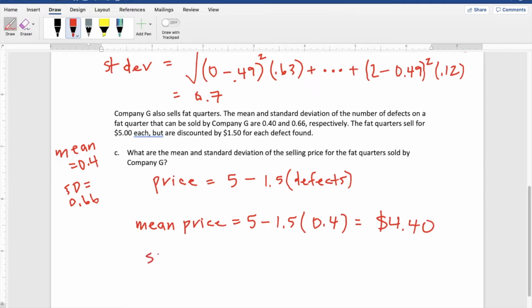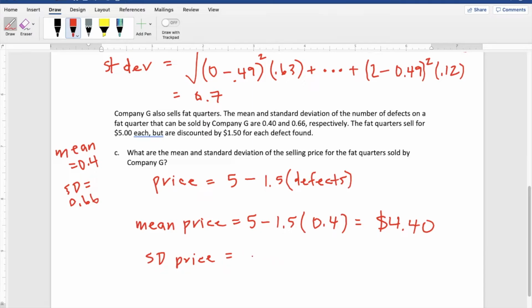And then for standard deviation of the price, this is where we have to remember that standard deviation is not affected by shifting. So the 5 part right here would not be affected by it. It is affected by scaling, but keep in mind that standard deviation should never be negative. It should always be positive.